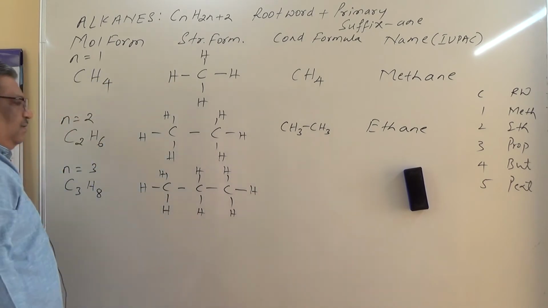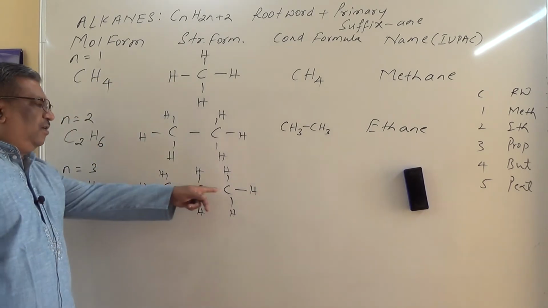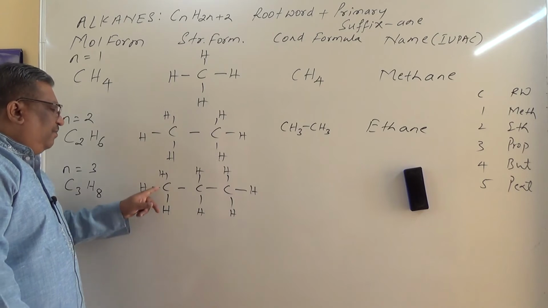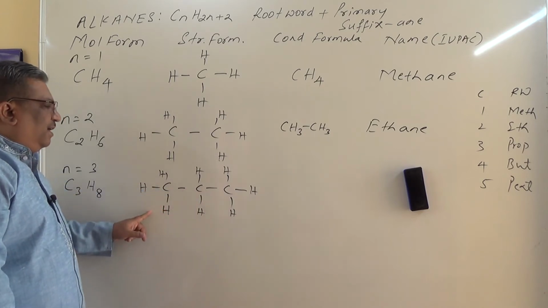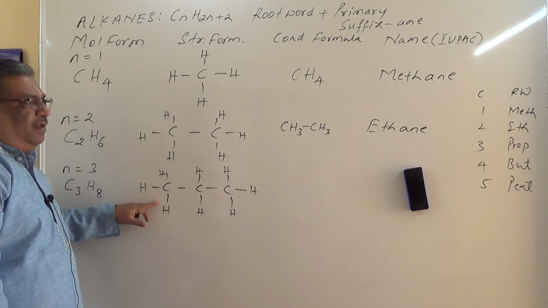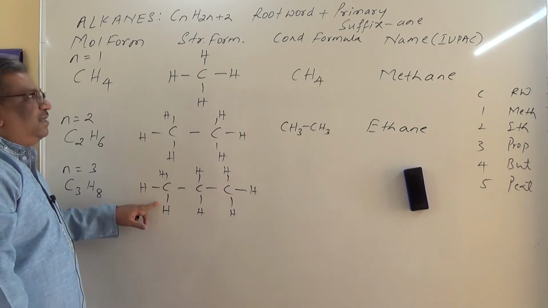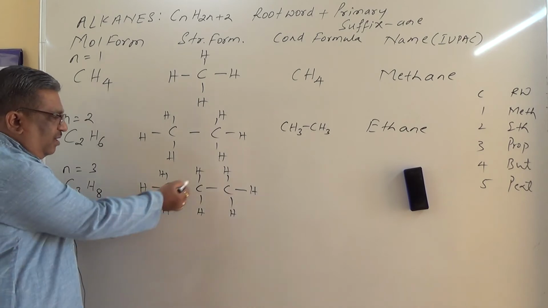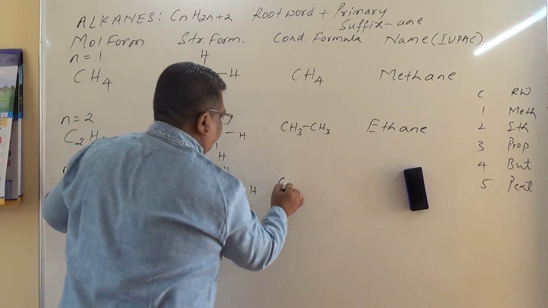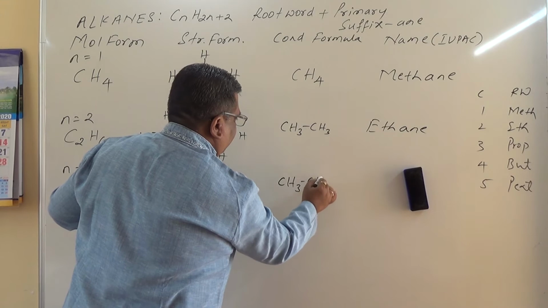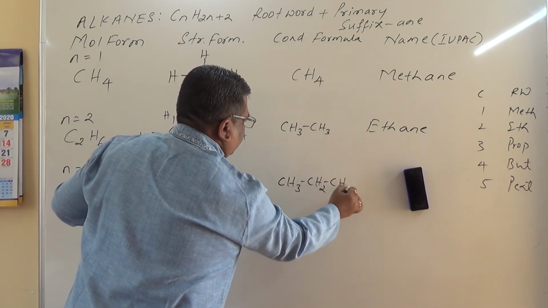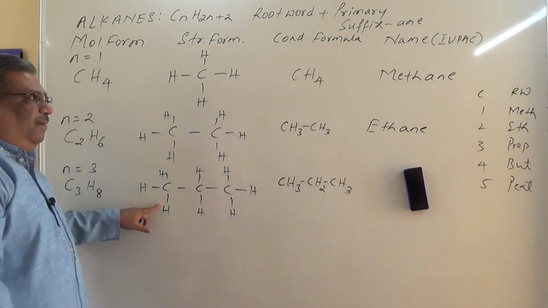Okay. Next, what is the parent chain? This is the longest carbon chain, and therefore this is the parent chain. Number of carbon atoms, 3. What is the root word? Meth, eth, prop. Prop is the root word. But let us first write the condensed formula: CH3, CH2, CH3.